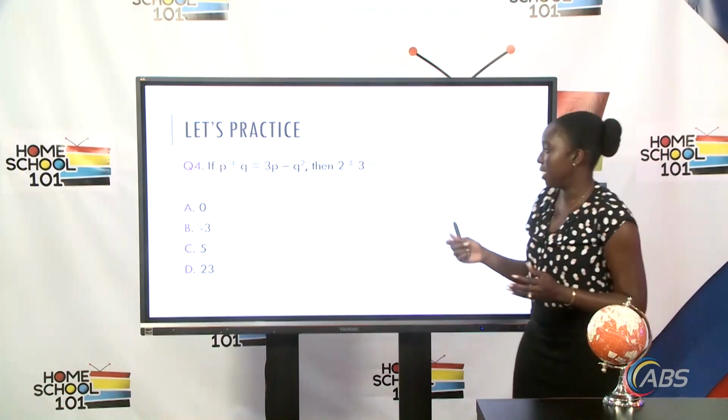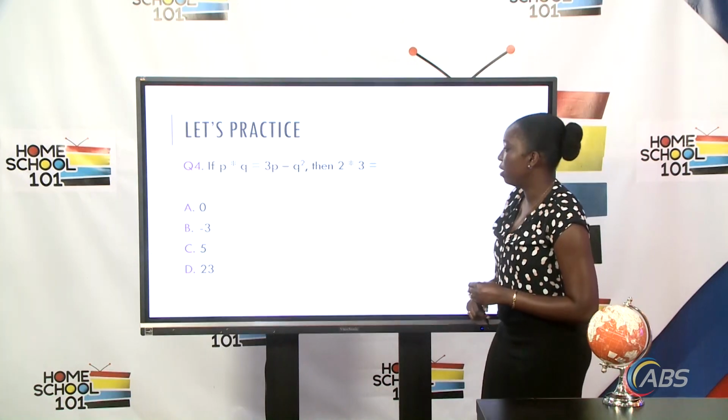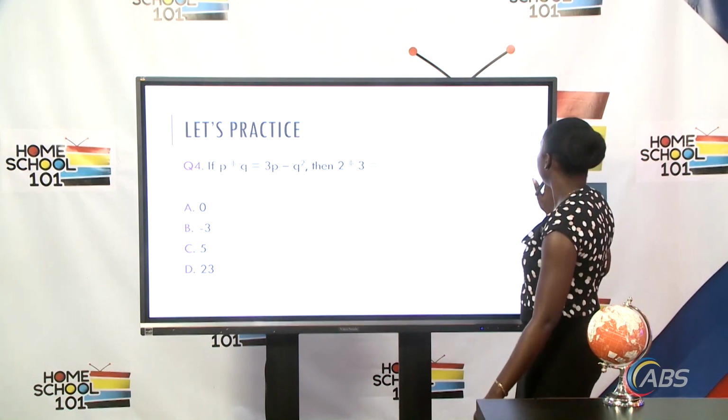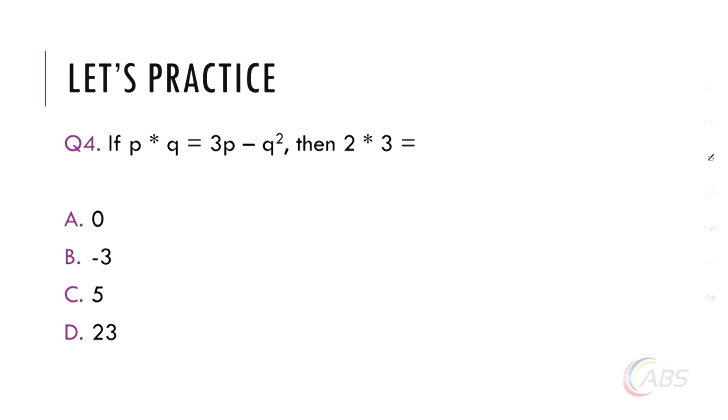So all this means is that everywhere we see P, we are going to put 2, and everywhere we see Q, we're going to make that 3.